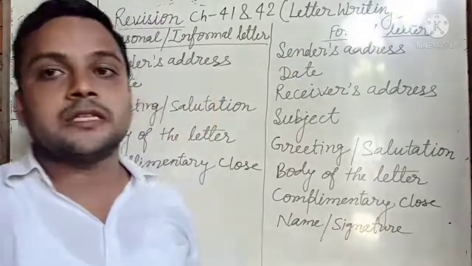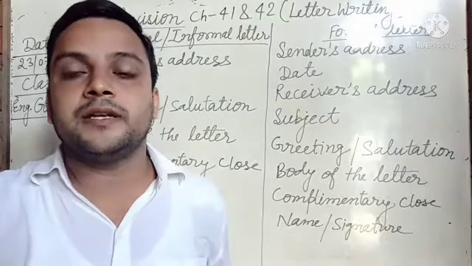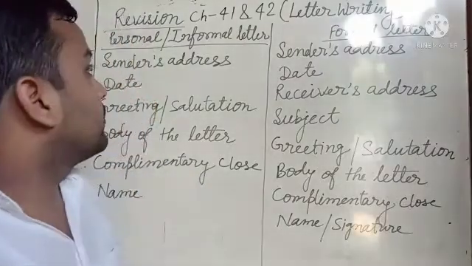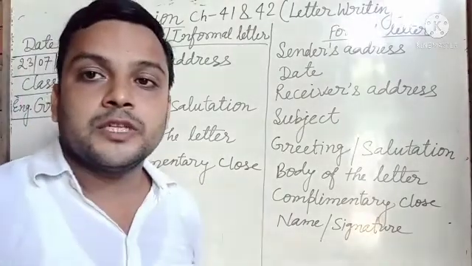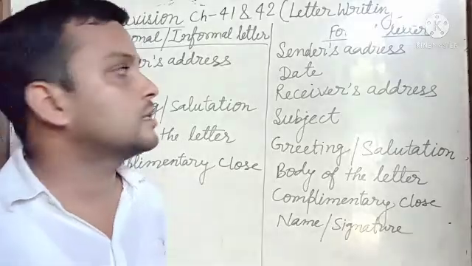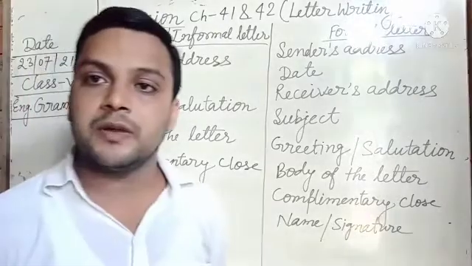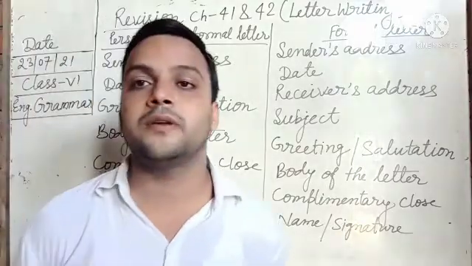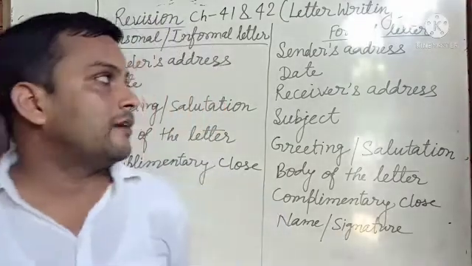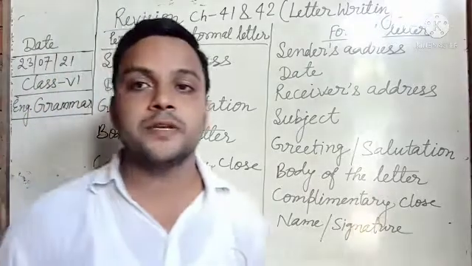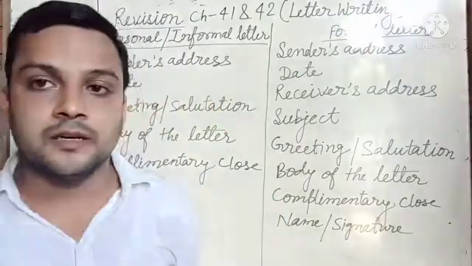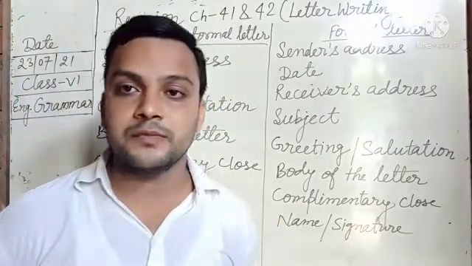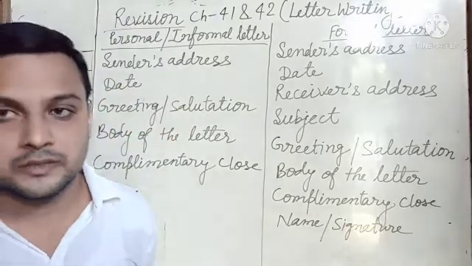I have told you that there are two types of letters: personal letters, which we know as informal letters also, and formal letters. Personal letters are those which we write to our friends and relatives, and formal letters are those which we write to officers, business companies, business firms, newspapers, etc.